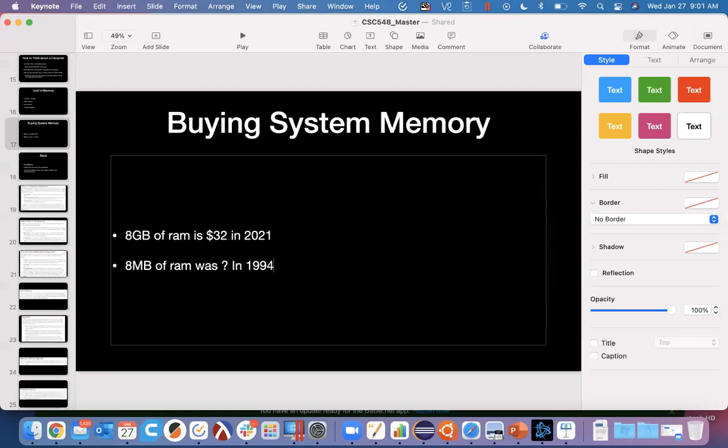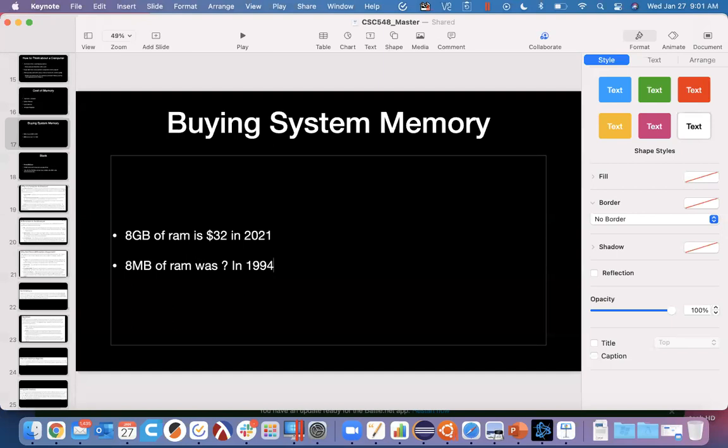How much do you think 8 megabytes of RAM was in 1994? $100? Okay, at least he's adjusted. He thought it was $100 to $200 for 8 gigabytes today. Nope.